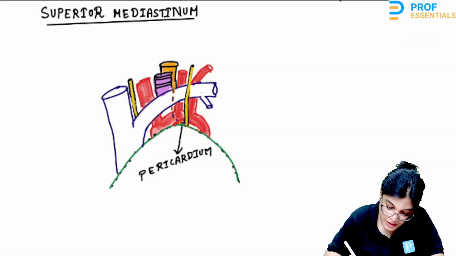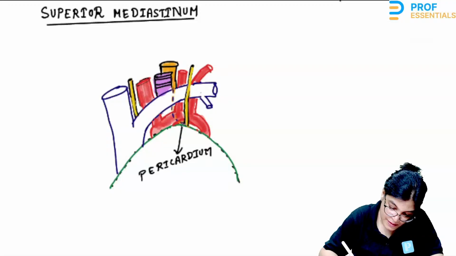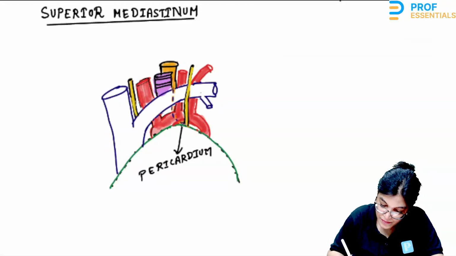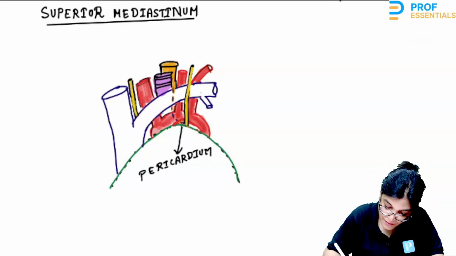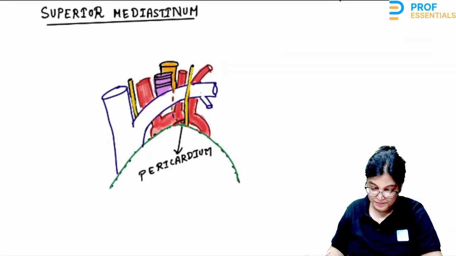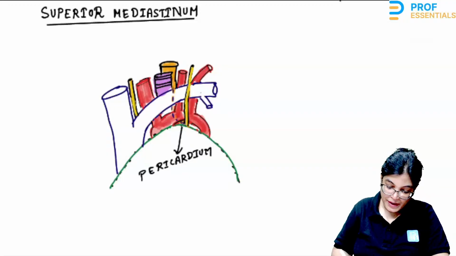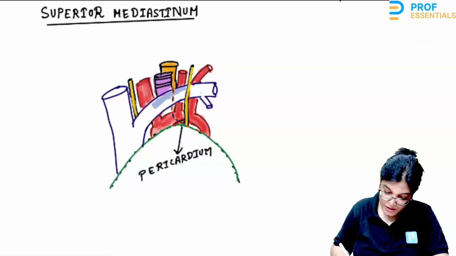If you want, you can just outline this. And we can use blue color for the veins. Why not? We use blue color for the veins. So these are all the vena cavas, the brachiocephalic veins.